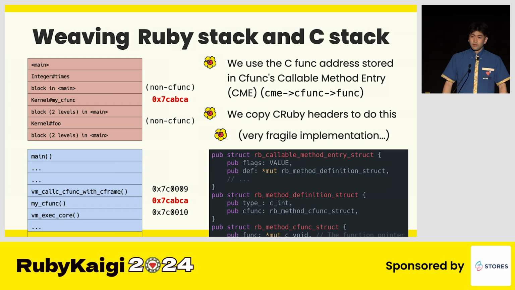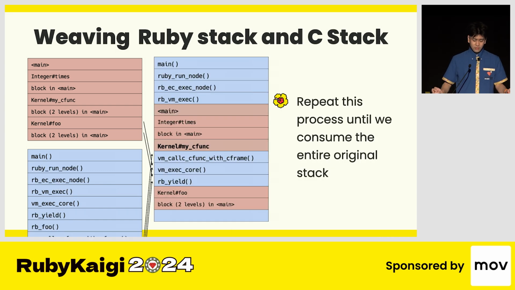Of course, CRuby doesn't want us to do that, so we kind of cheat. I have copied some CRuby headers into PF2 to do this. This is kind of a fragile implementation, but it works. We repeat this process until we consume the entire original stack, and now we have the full stack.